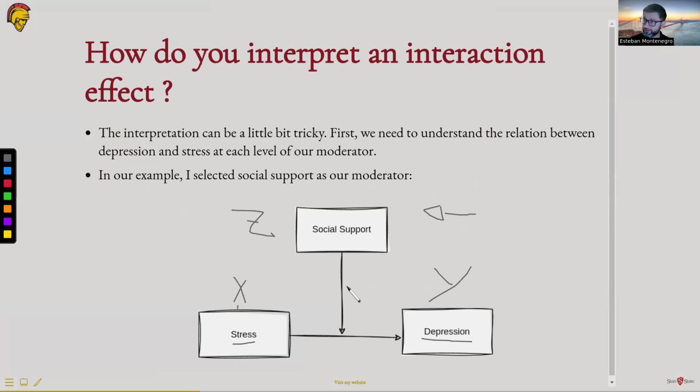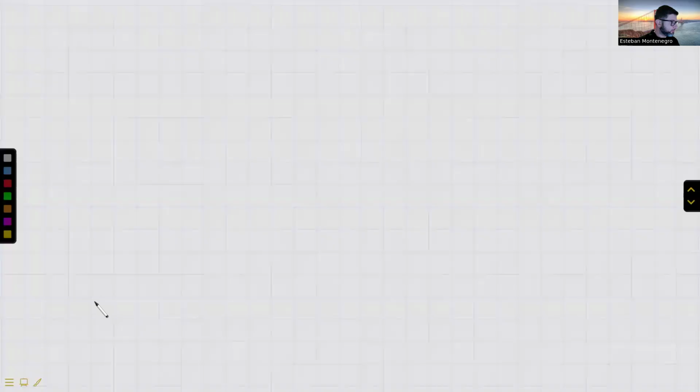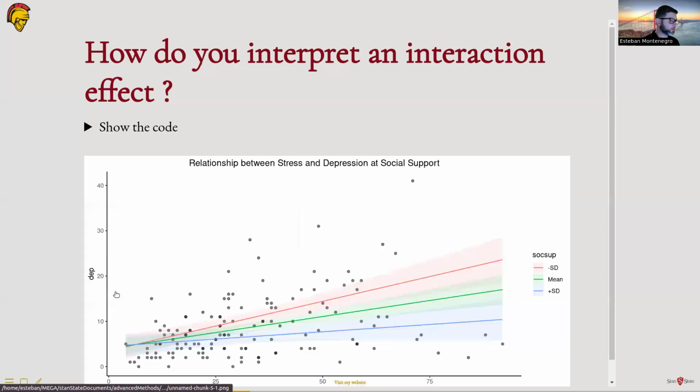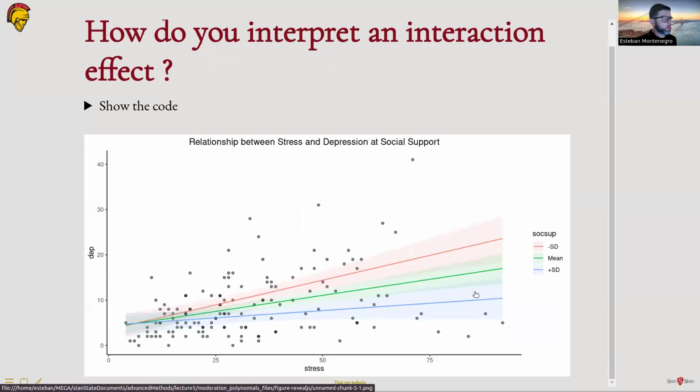So now that we know that there's interaction, we need to analyze this interaction. What we're going to do is to analyze how is the relationship at different levels of social support. So it's another conditional statement. If you see the word depends or interaction, that means that we have a dependency.